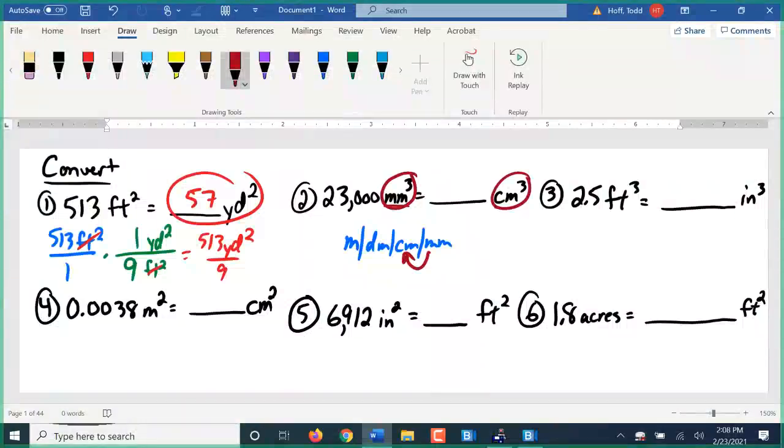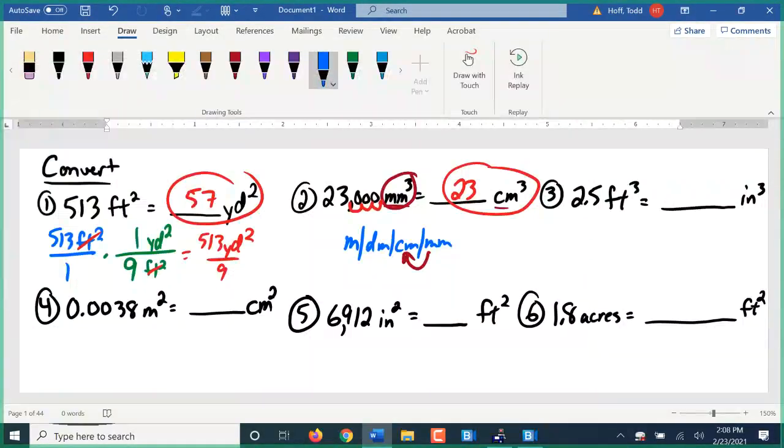In other words, it's 3 decimal places. So my decimal point, which there isn't one there, so that means it's at the end of the number, has to go 3 spots to the left. So that is 23 centimeters cubed. That's a tough one for a lot of people to catch because they're so used to just moving 1 decimal place for every spot on the chart. But if it's squared or cubed, it changes it.